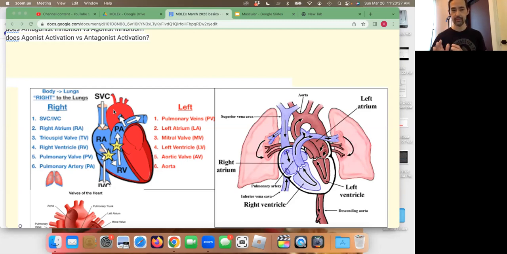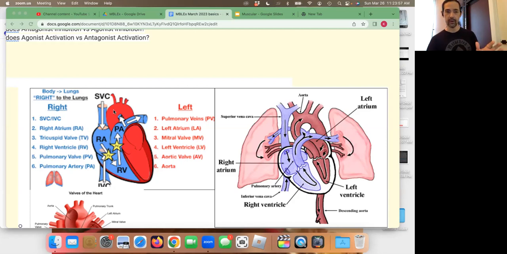Right atrium, tricuspid valve, right ventricle. Left ventricle, aortic valve, aorta. Oxygenated blood. Right ventricle, pulmonary valve, pulmonary artery, deoxygenated blood.